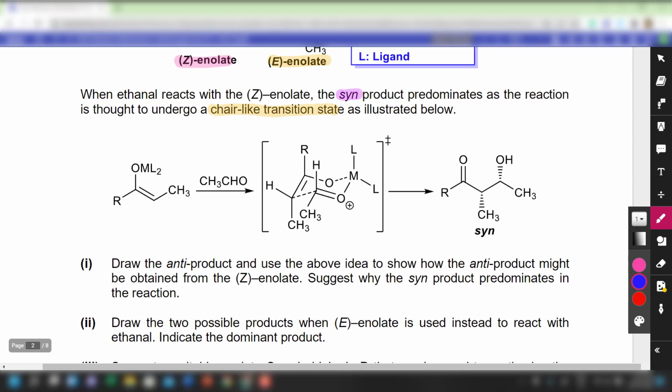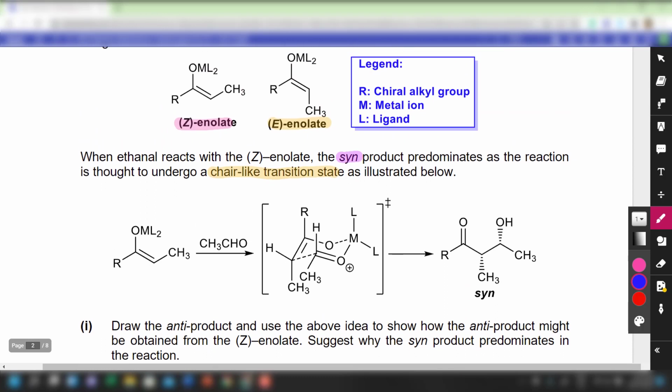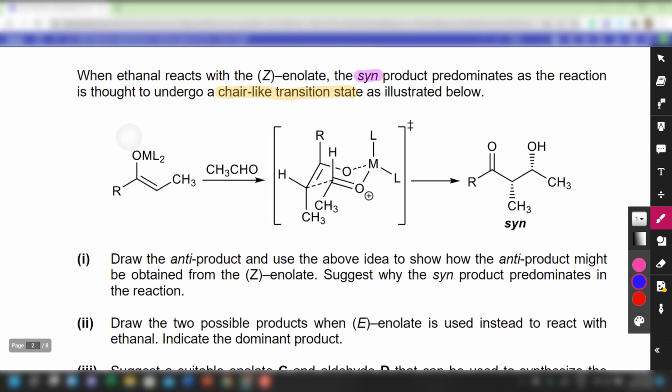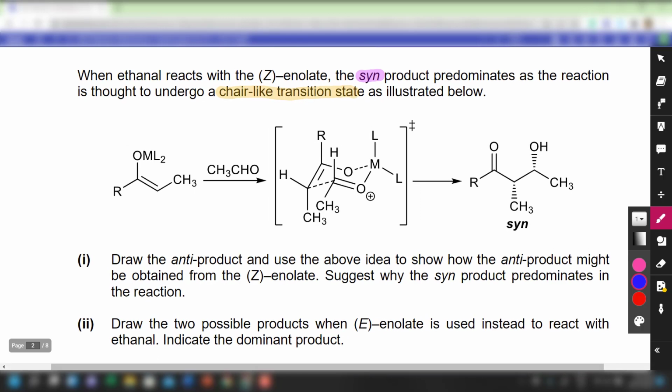For part 1, you are asked to draw the anti-products and use the above idea to show how the anti-products might be obtained from Z enolate. The first thing we should establish is how we visualize these diagrams and how it can help us in problem solving.